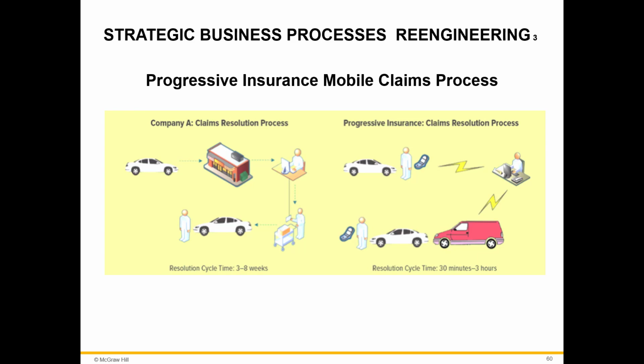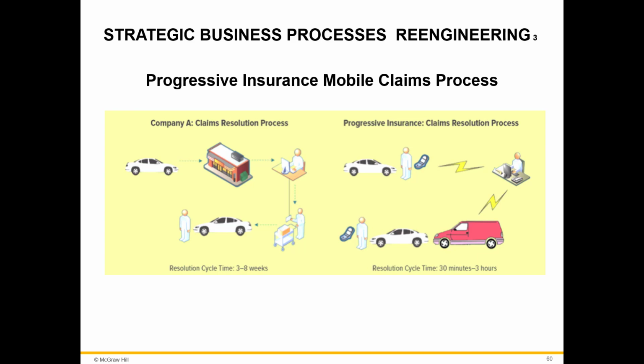Now let's go through this example to see how BPR and MIS can improve auto insurance claims at the Progressive Insurance Company. Using this BPR, Progressive was able to cut its claim settlement from 31 days to 4 hours.